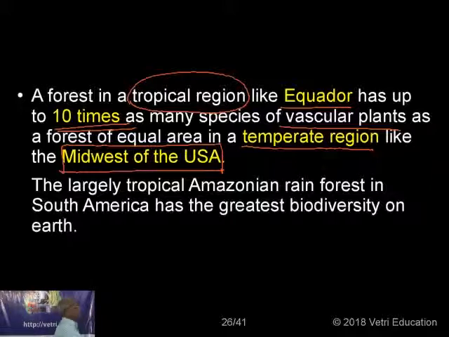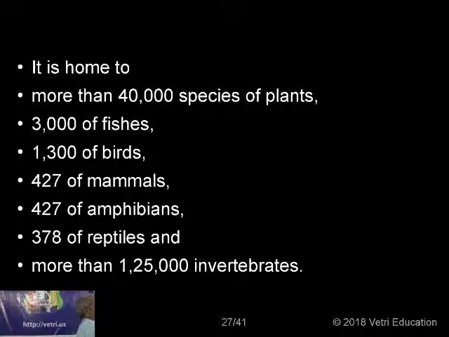The largely tropical Amazonian rainforest in South America has the greatest biodiversity on the earth. Amazon forests are really very interesting things to listen to.